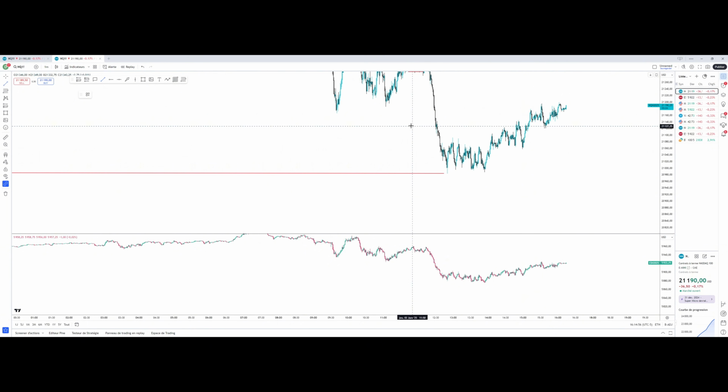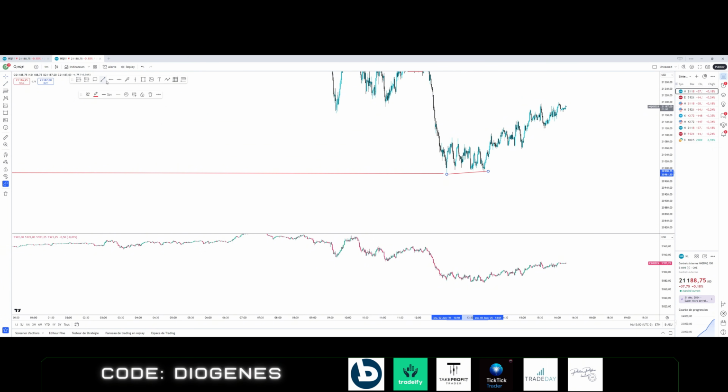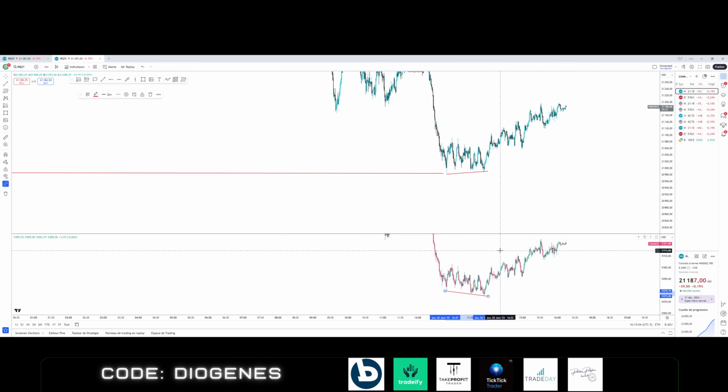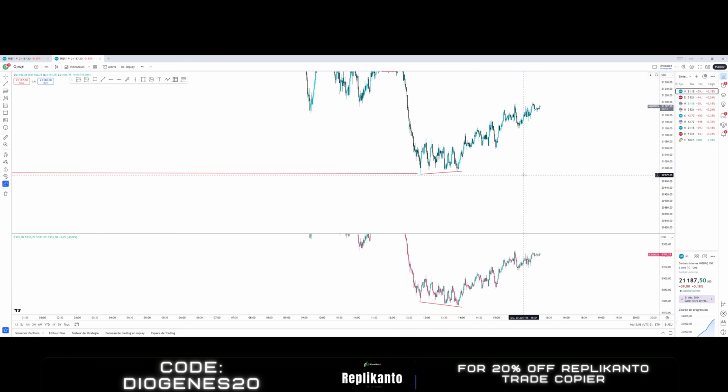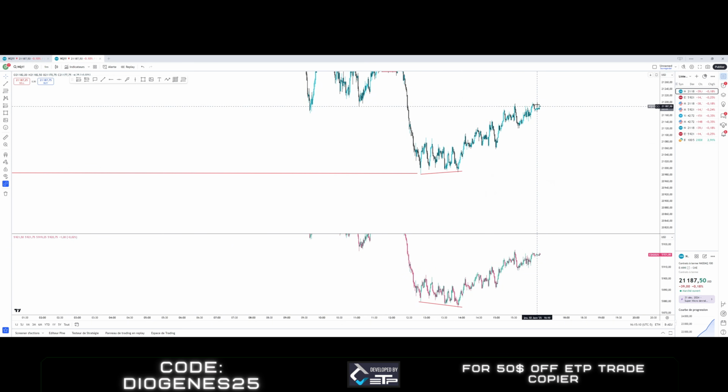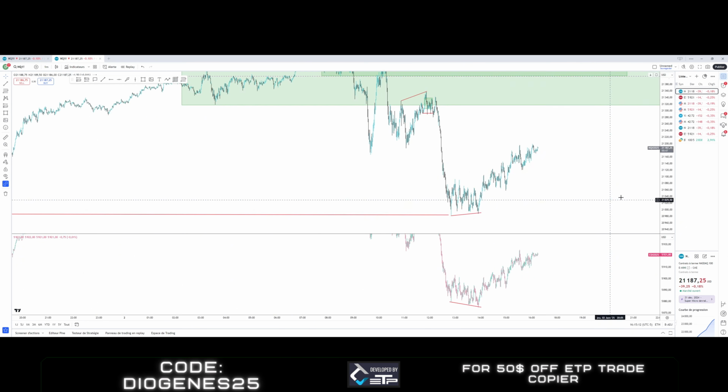What happened as well is this accumulation after sweeping that low, and this SMT on the lower time frame. Now I'm pretty bullish, so I know that at least we are retracing a bit.